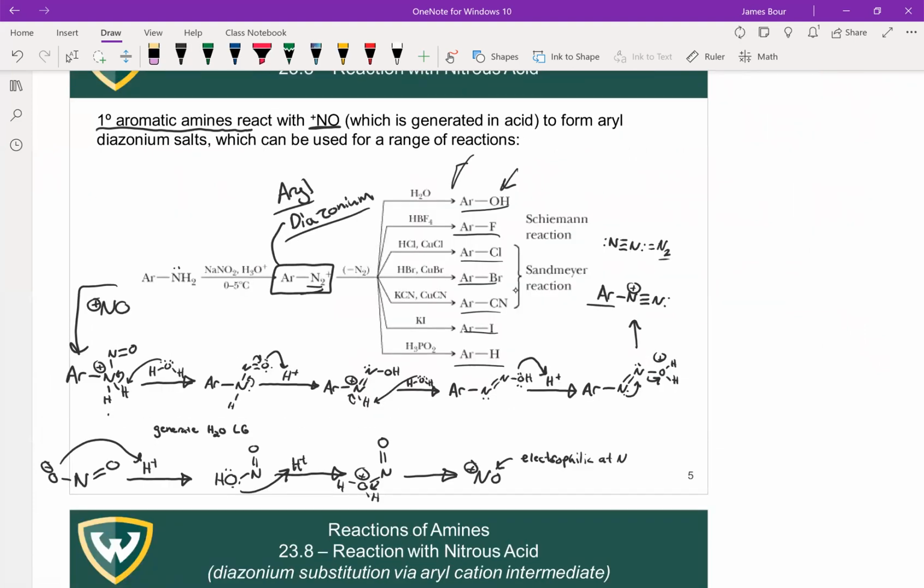And so from here to here, all we're doing is generating a water leaving group. You just need to do that by successively pulling off protons from nitrogen, using water as a base and then reprotonating the oxygen. So the way that works is pull H plus.